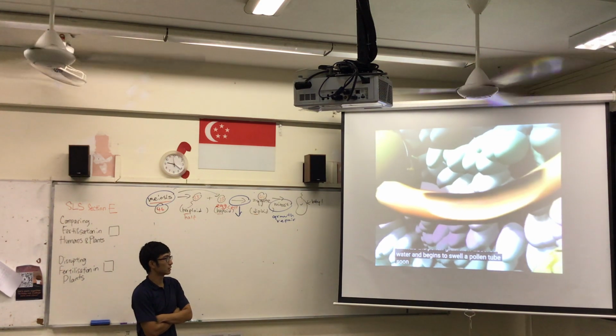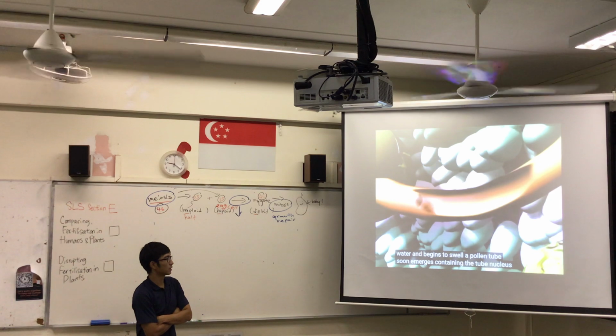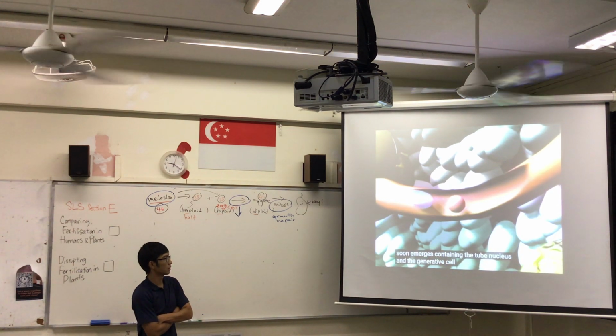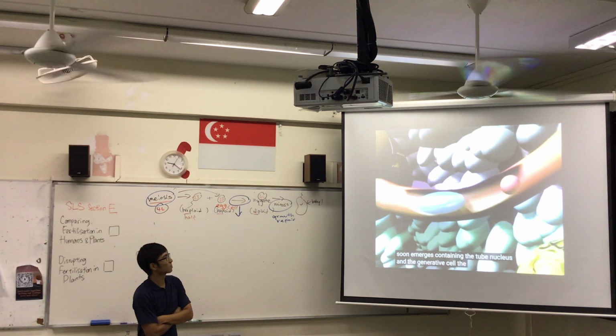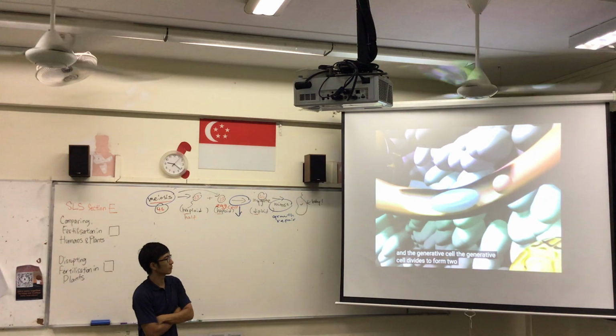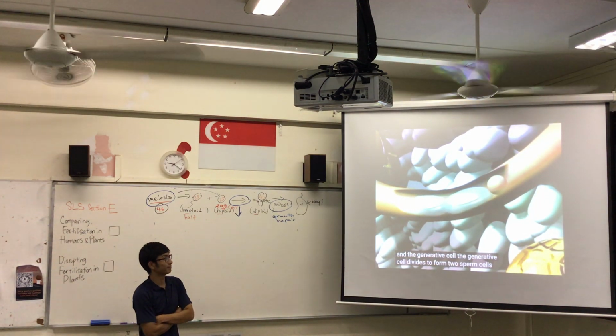A pollen tube soon emerges containing two nuclei and a generative cell. The generative cell divides to form two sperm cells.